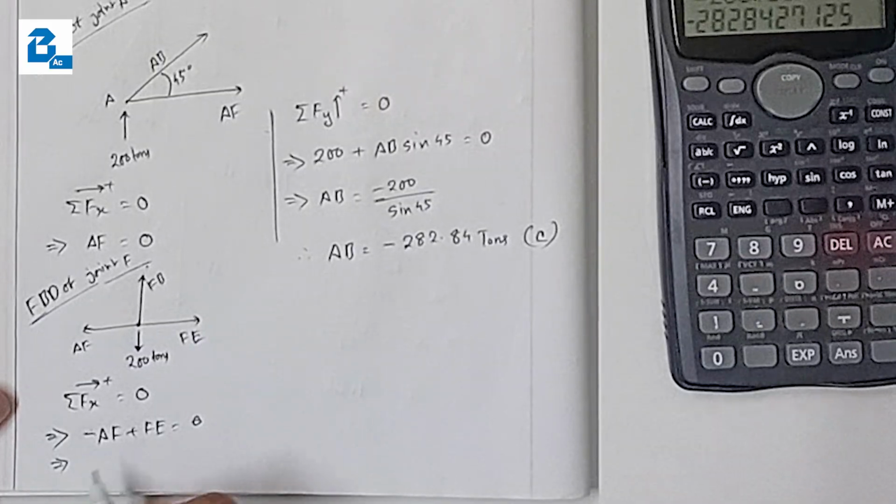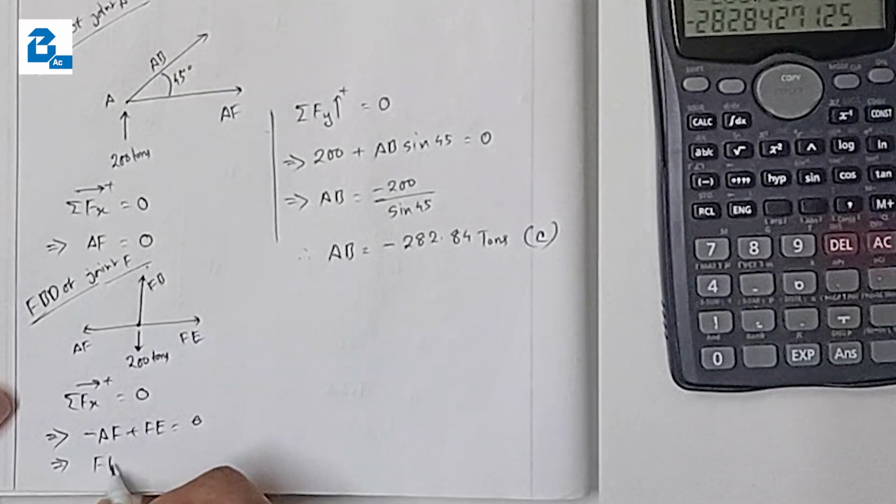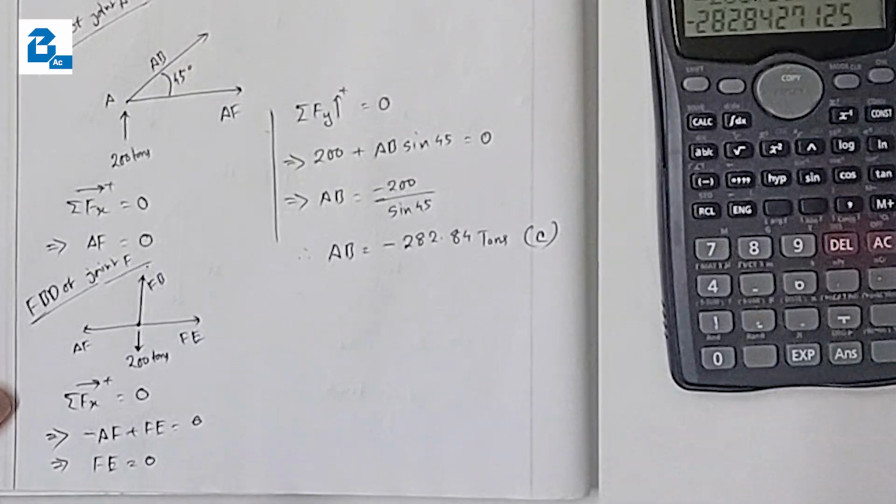Since we know that AF equals 0, we only get FE equals 0. So we can say that FE doesn't contain any forces, be it compressional or tensional. There is no force acting on the FE member.